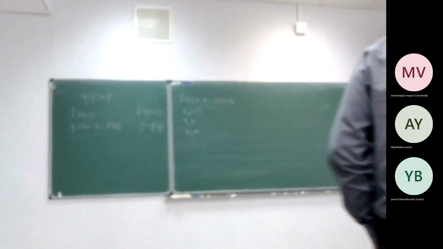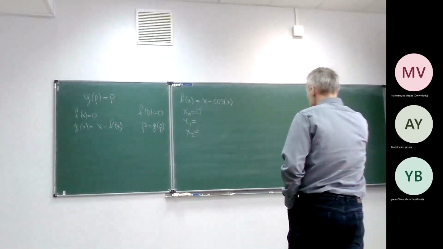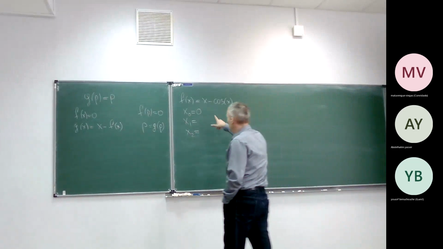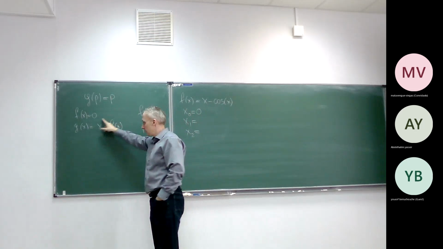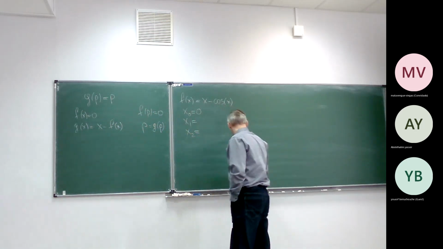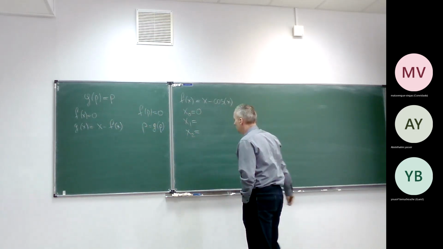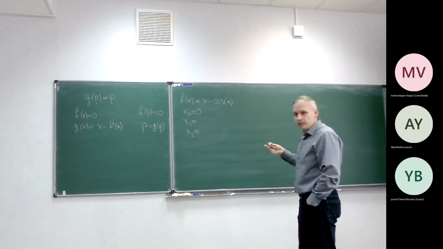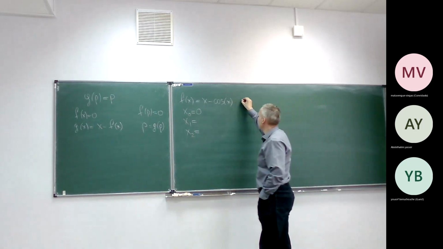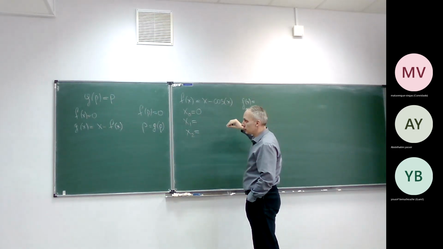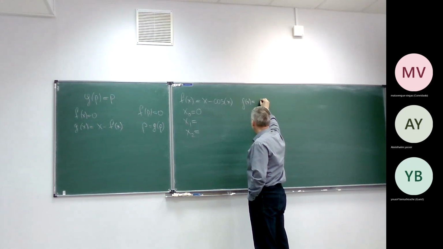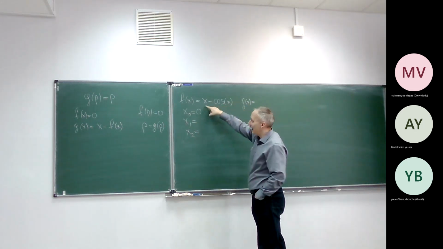Well, how to solve it? First, we should reformulate this problem as a fixed-point problem. It's very simple to do. G of x equals x minus f of x.